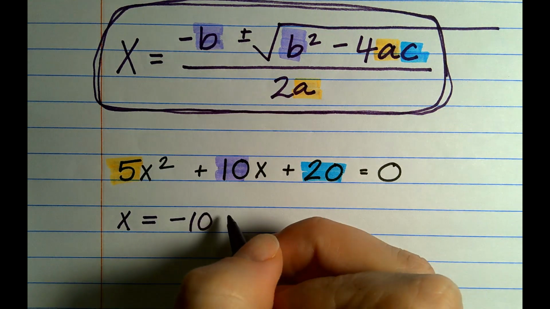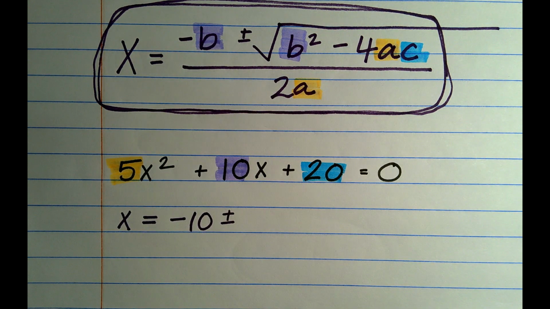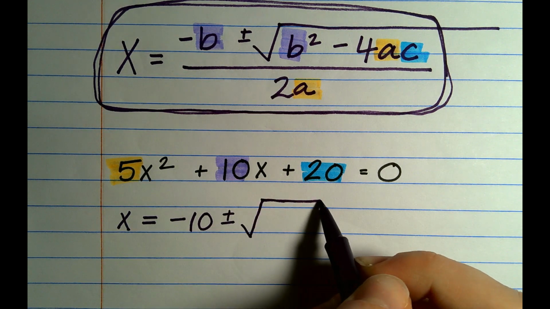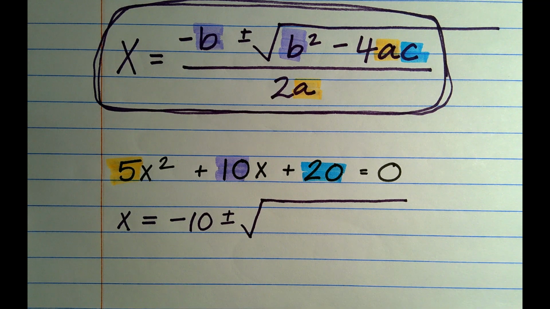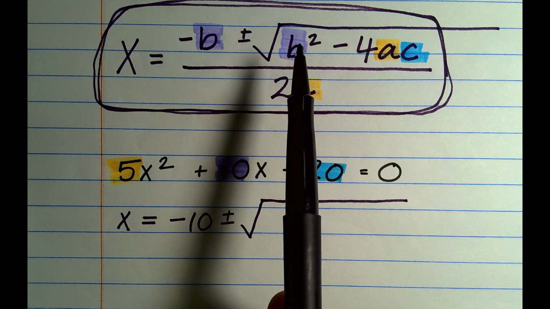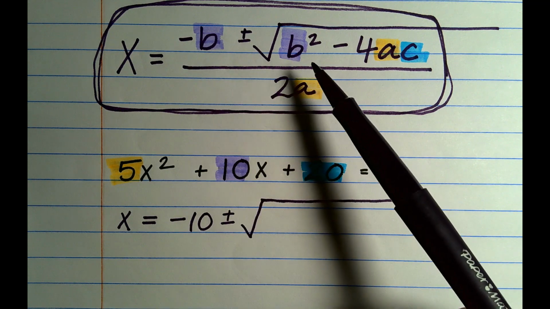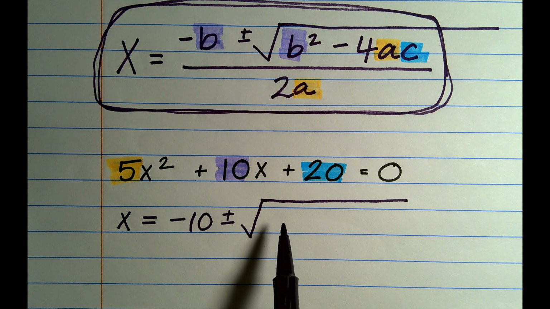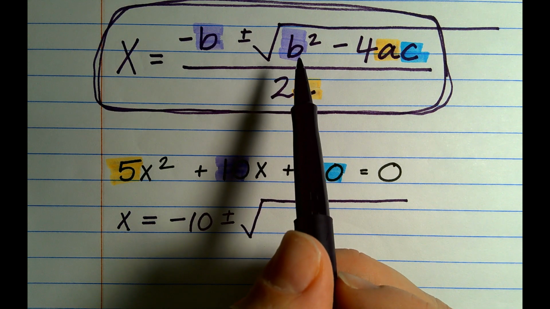Next we're going to write plus or minus. And next we'll draw a square root symbol. Okay. So we've done negative B plus or minus the square root. Now I have B squared. What do I write next? You can still make it a negative 10. So here we don't do the negative anymore.